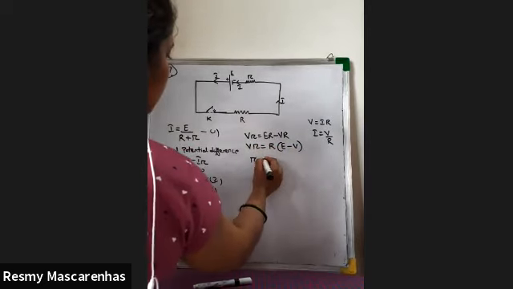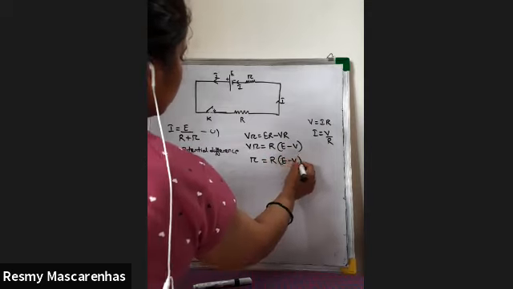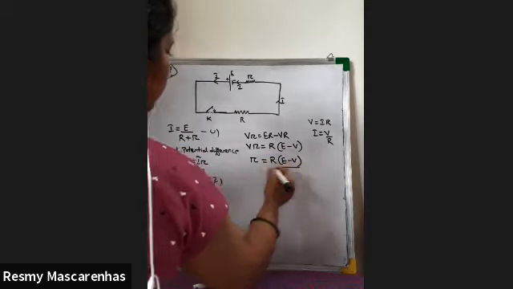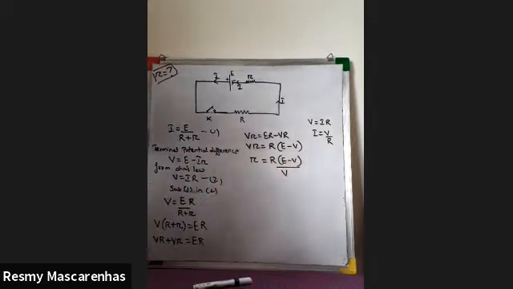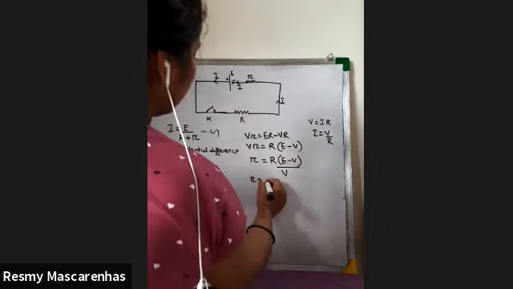So I'll keep r on one side. r is equal to R into (E minus V) upon V. Now I can solve it for the denominator if I want.